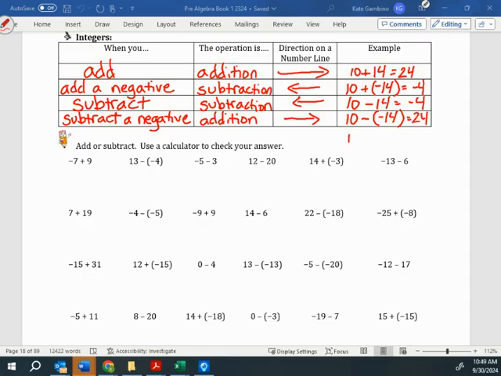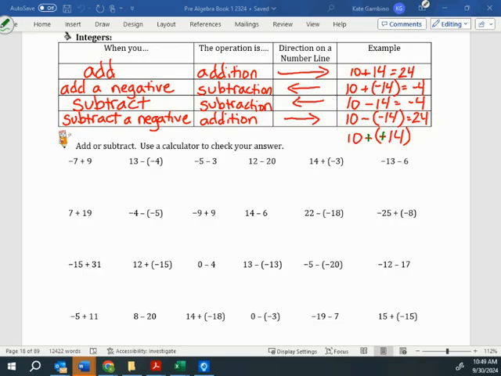So when I look at this, whenever I see 10 minus a negative 14, they put those parentheses around it so you can see that's a negative, not just a minus minus. It looks kind of goofy if we saw 10 minus minus 14. So this is 10 minus a negative 14. When you have those two there, you change it, it's really 10 plus a positive 14.